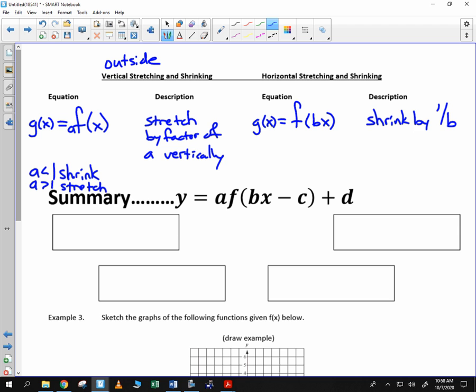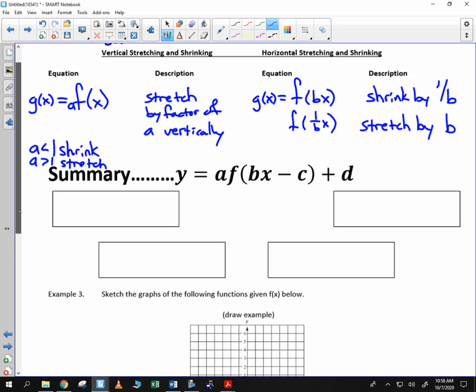If you see a number less than 1 on the inside, say f of 1 over b, then it's a stretch by a factor of b. So when it's on the inside and being multiplied, you consider the reciprocal.